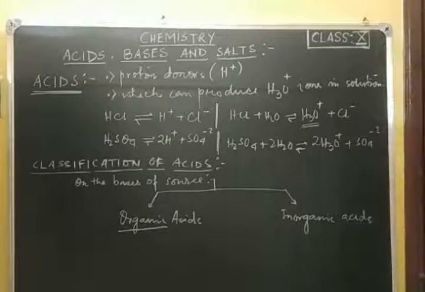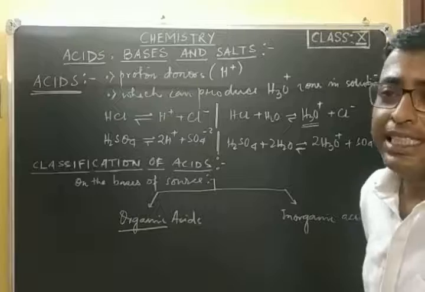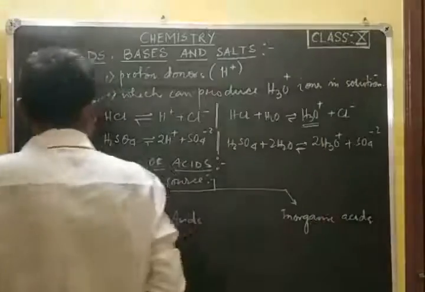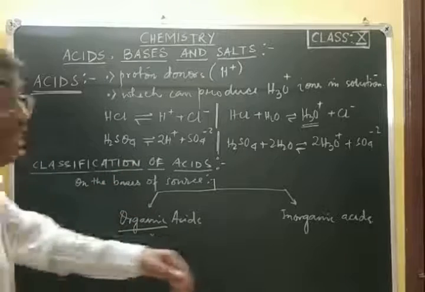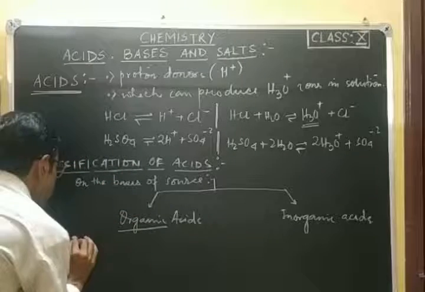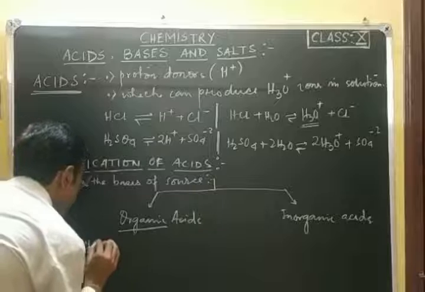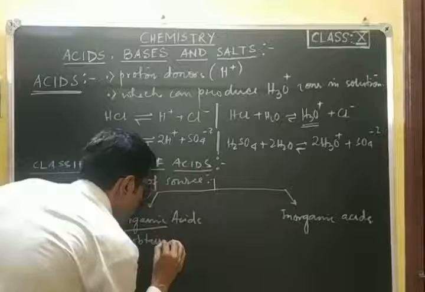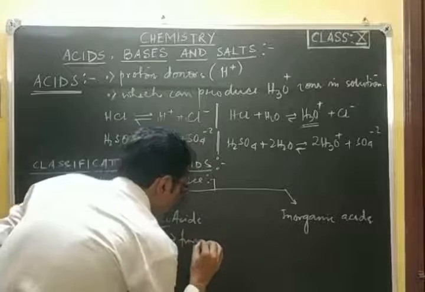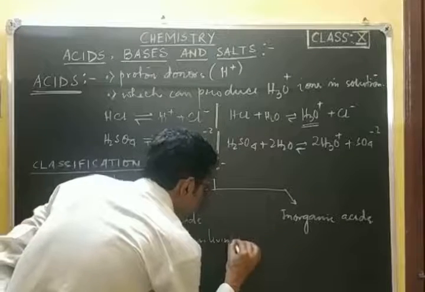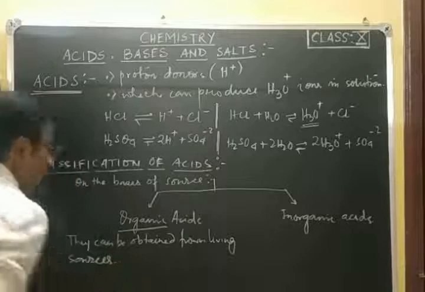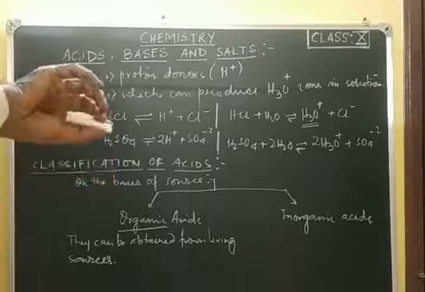So the acids which can be obtained or derived from plants, animals, these acids are called organic acids. So organic acids are derived from living organisms. They can be obtained from living sources. They can be plants, they can be animals, or like this.